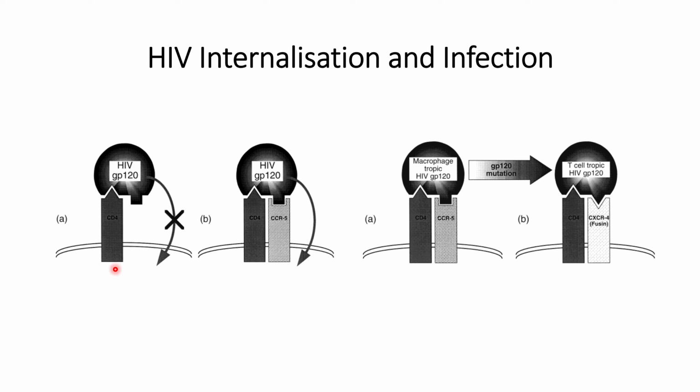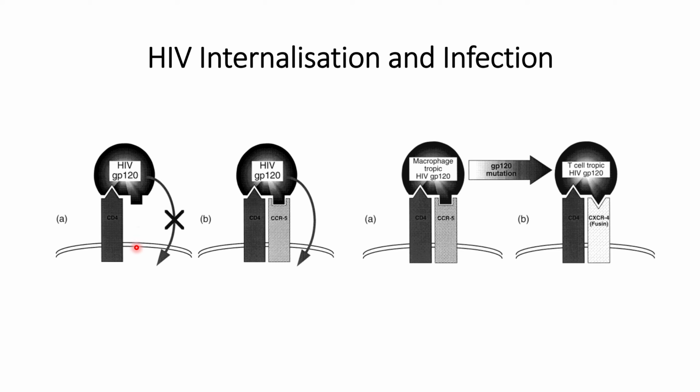If a cell has only the CD4 and not CCR5, then HIV GP120 will not be able to internalize or infect the cell because of the absence of the co-receptor.